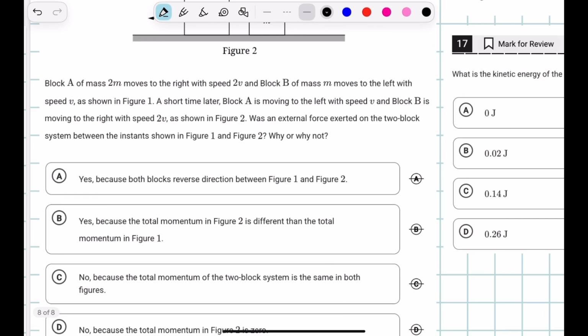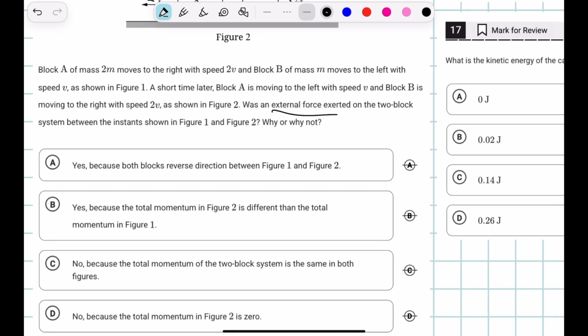So what we want to know is, was there an external force exerted? What is an external force? An external force exists only if the total momentum changes. So our question is, did the total momentum change?